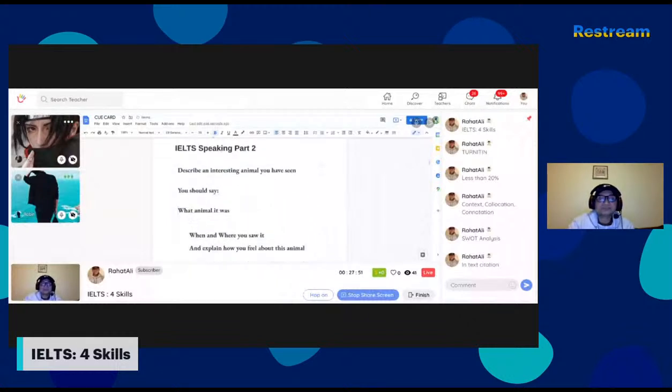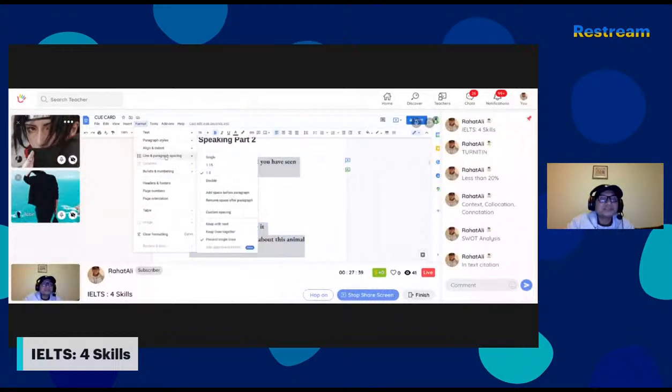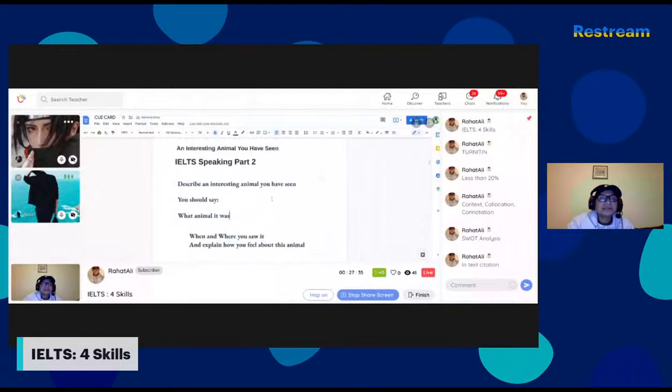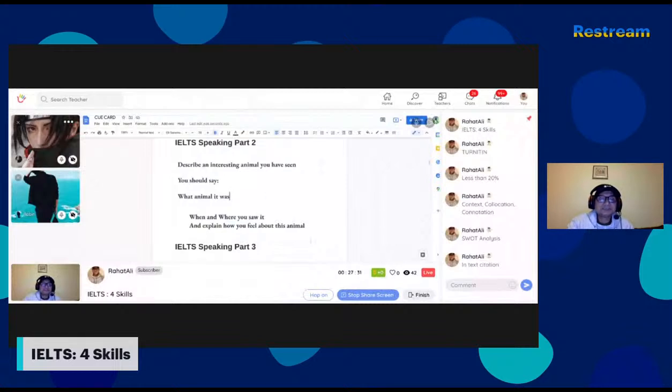Let me format it. Describe an interesting animal you have seen.